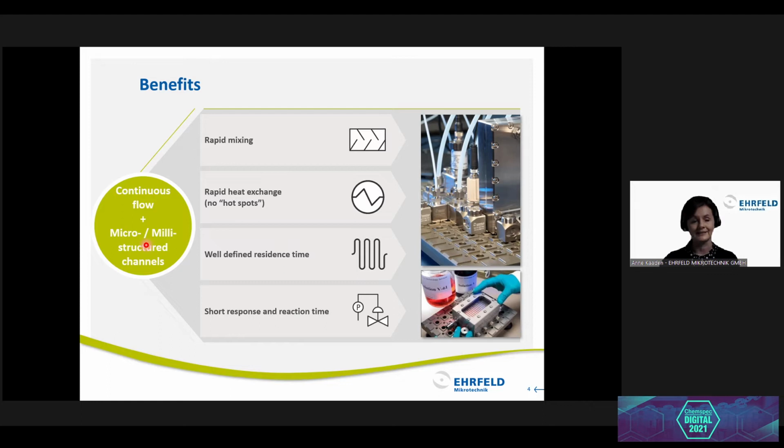They're so easy to block, and also you can't go to these high flow rates and throughput. So we use millistructured channels, but we retain the benefits. We have rapid mixing, rapid heat exchange, and a well-defined residence time because we can measure all the structures in the reactors. And because of the small hold-up, we have a really short response and reaction time.